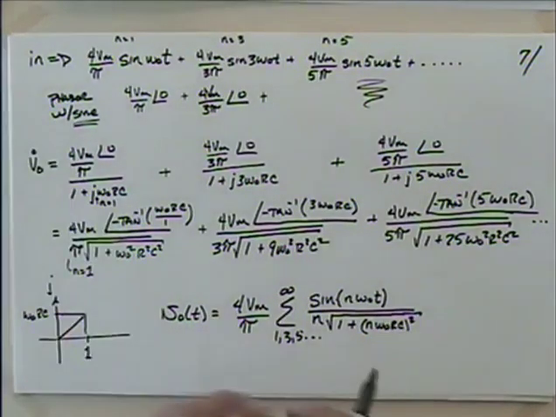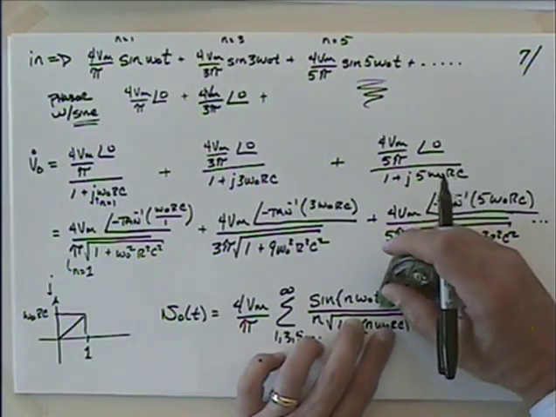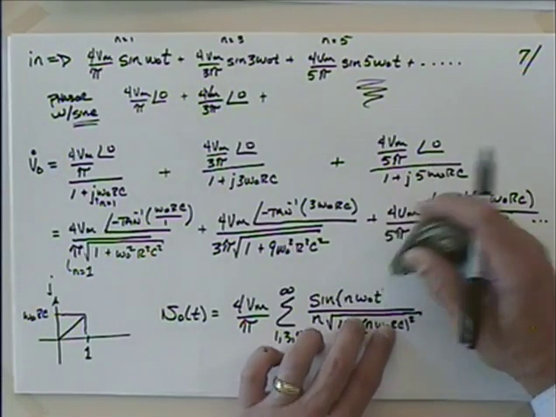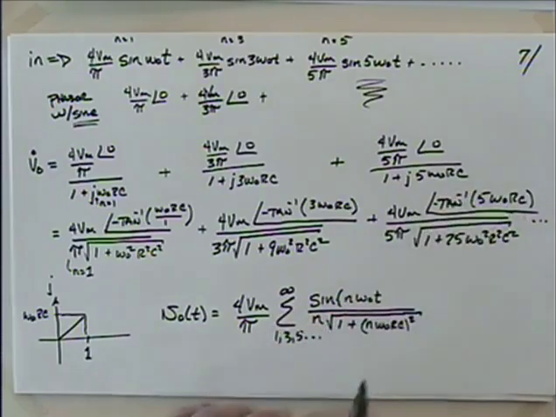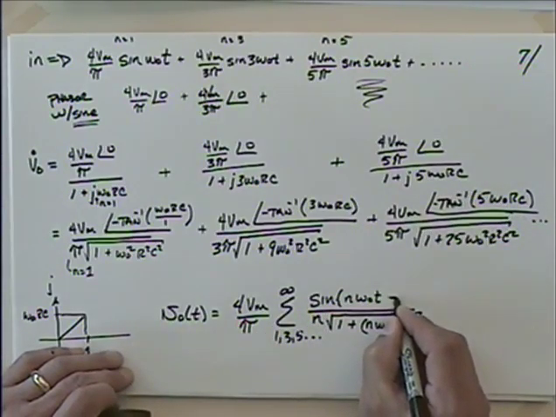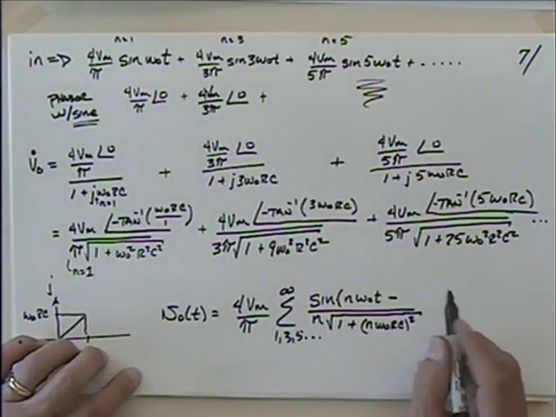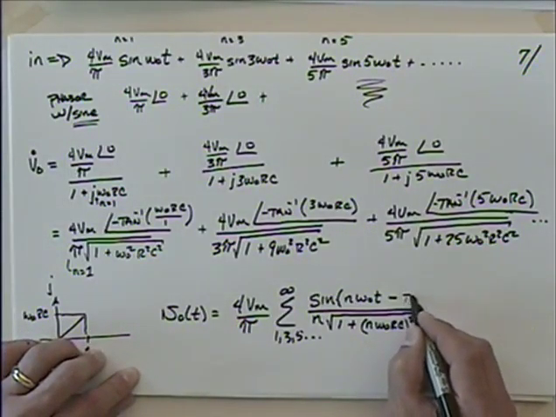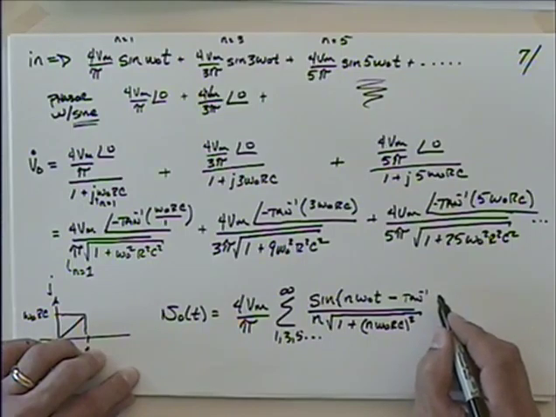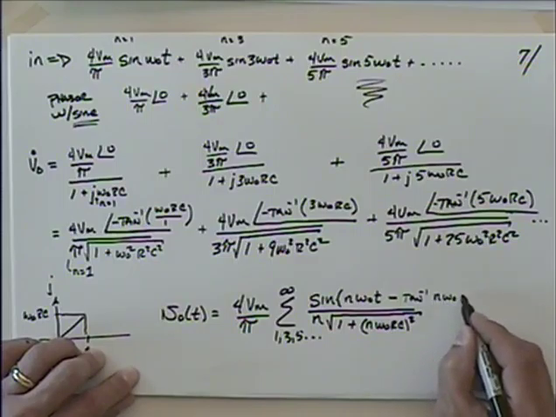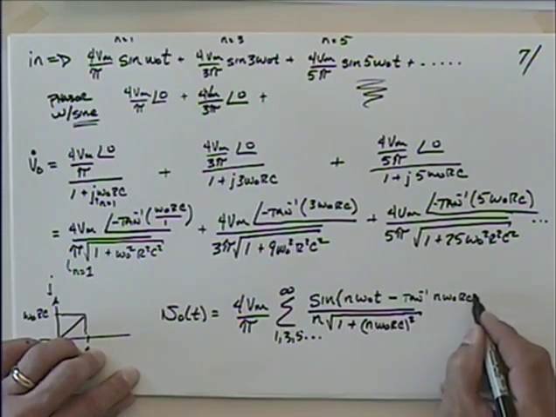I don't want to end that yet. I've got a phase shift. I haven't taken into account this phase shift. What's that phase shift going to be? Minus the arctangent of n omega naught rc, right?